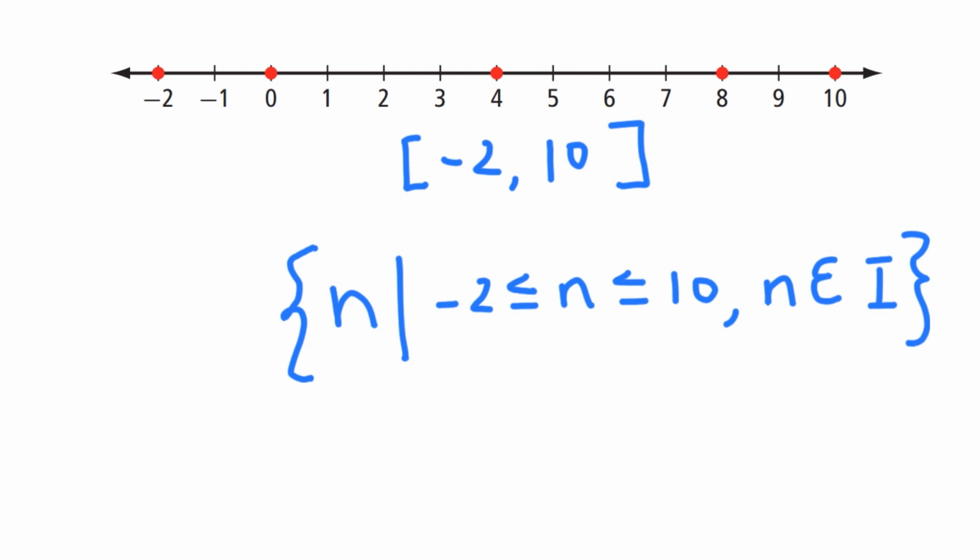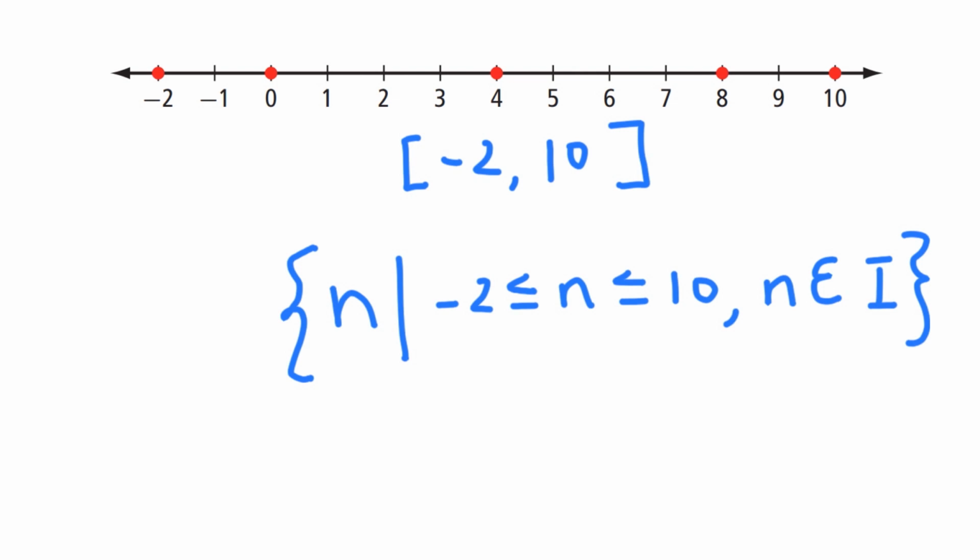So we can use the variable n. And then we have our vertical line. Again, we're starting with curly brackets. And we're saying n is between and including -2 and positive 10. So again, n is greater than or equal to -2, but it's less than or equal to positive 10.